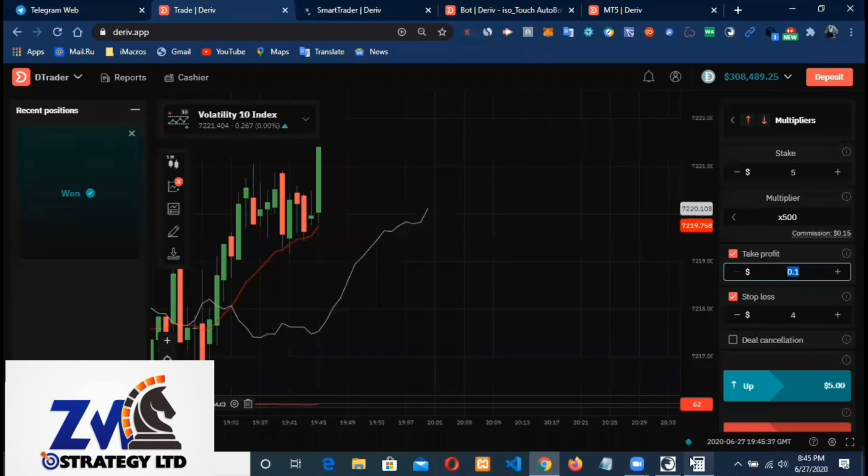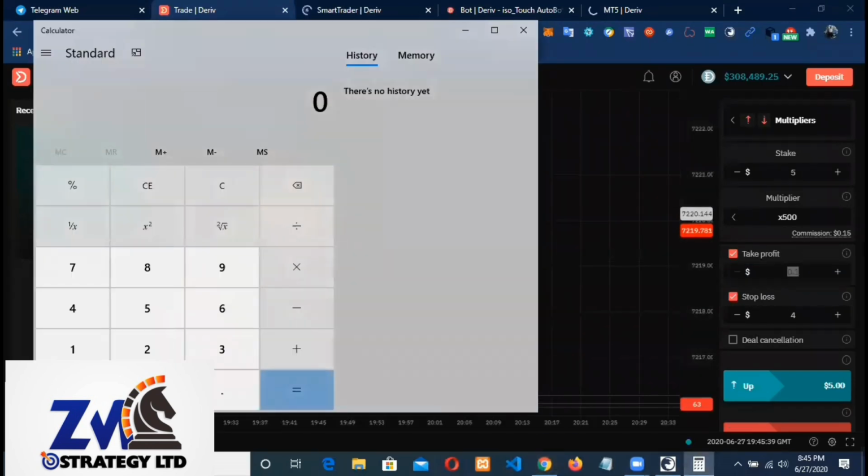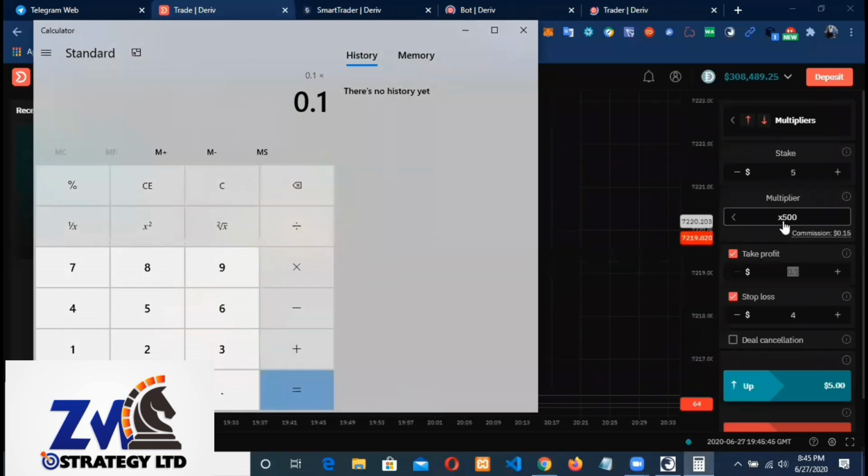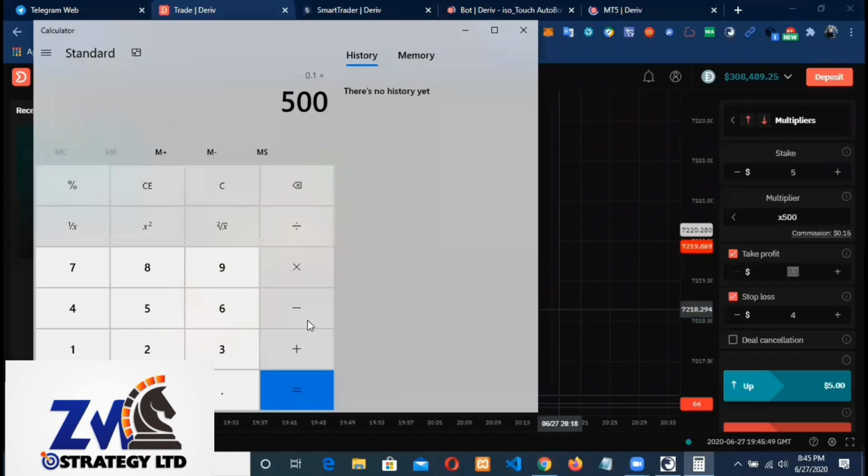Now this 0.1 will be 0.1 times, mind you, our multiplier is times 500, so it will be 0.1 times 500.